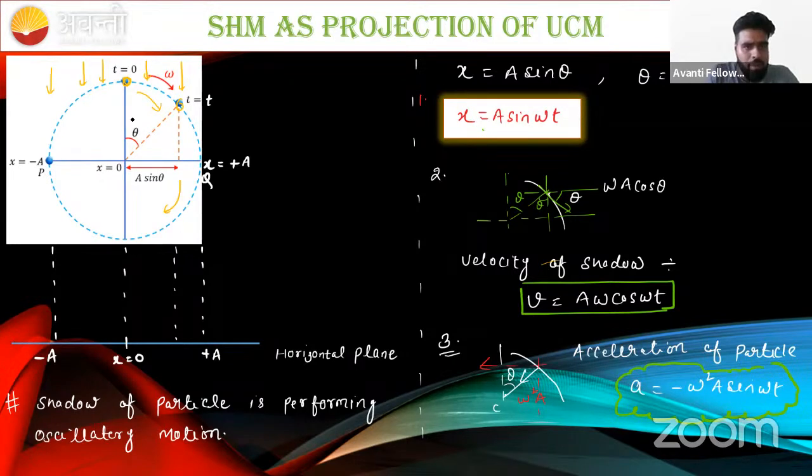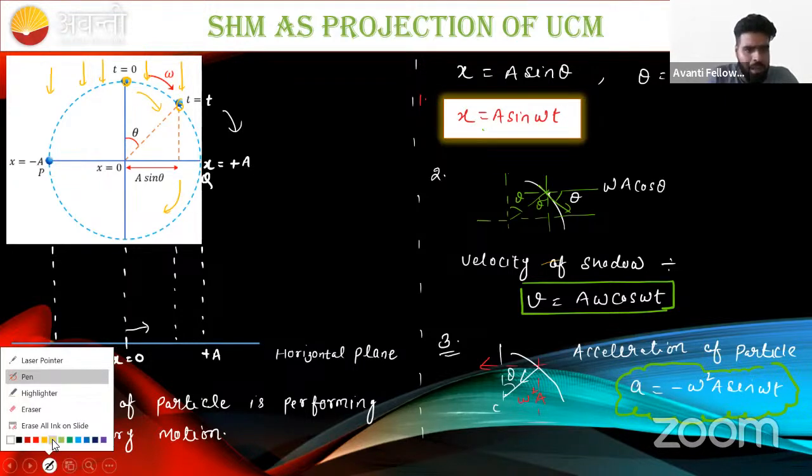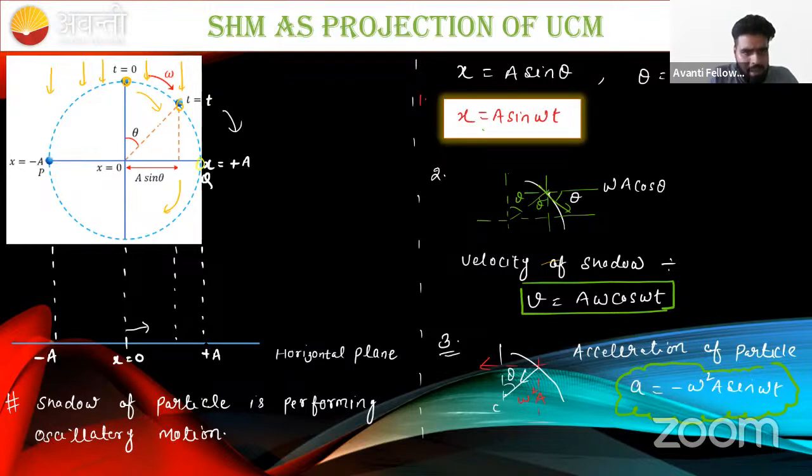If the particle is moving in the clockwise direction, then the projection moves in this direction. When the particle is at this point, the projection is at this point.